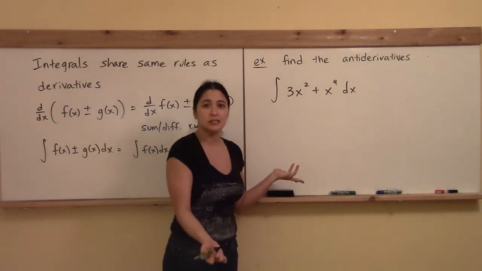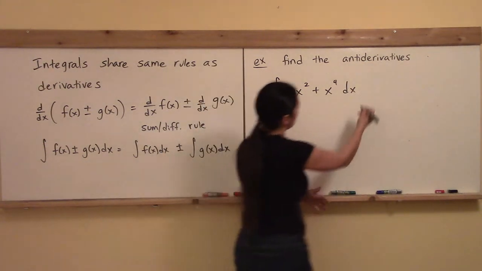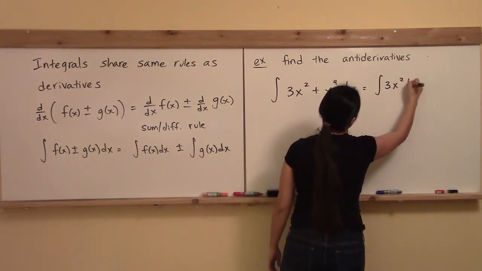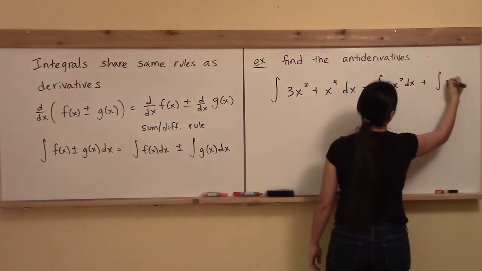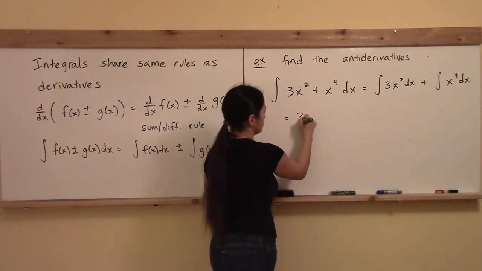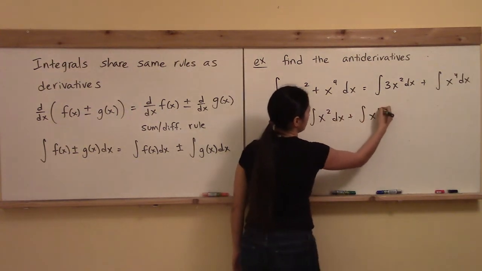It's as easy as just integrating each individual term and then putting those together in the sum. So according to the sum and difference rule, that will be the integral of 3x squared dx plus the integral of x to the 4 dx. And then, if you like, you can even take out the 3 and do it like this, and then the integral of x to the 4 dx.